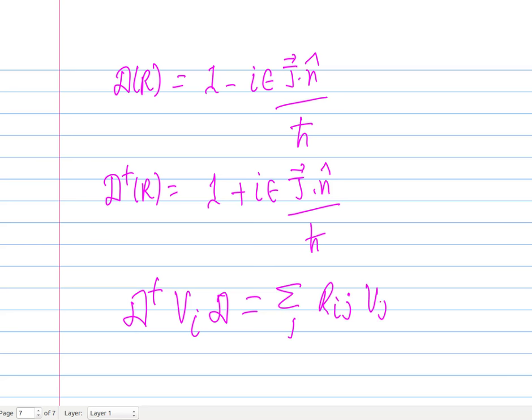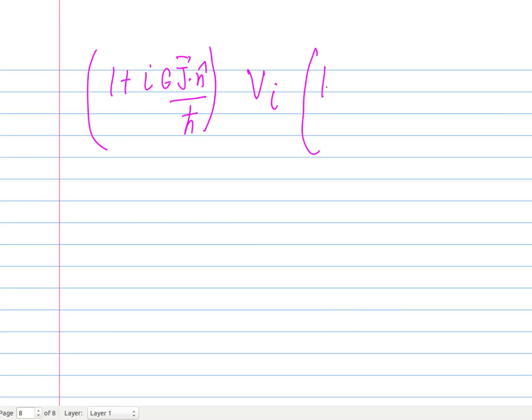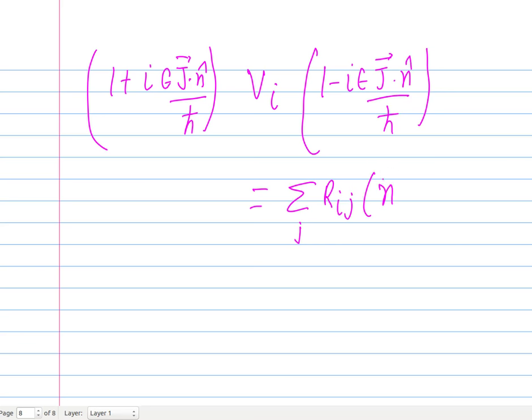So that will imply 1 plus i epsilon J dot n cap by h bar, vi, 1 minus i epsilon J dot n cap by h bar, will be equal to the summation over j of rij, along some rotation direction n cap through rotation angle epsilon, acting on vj.